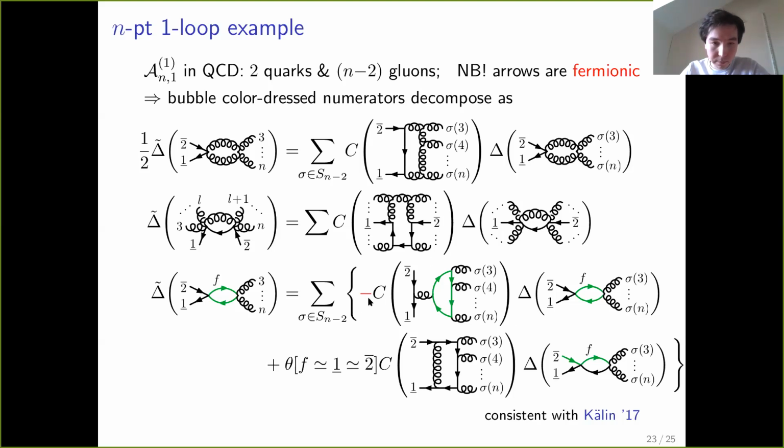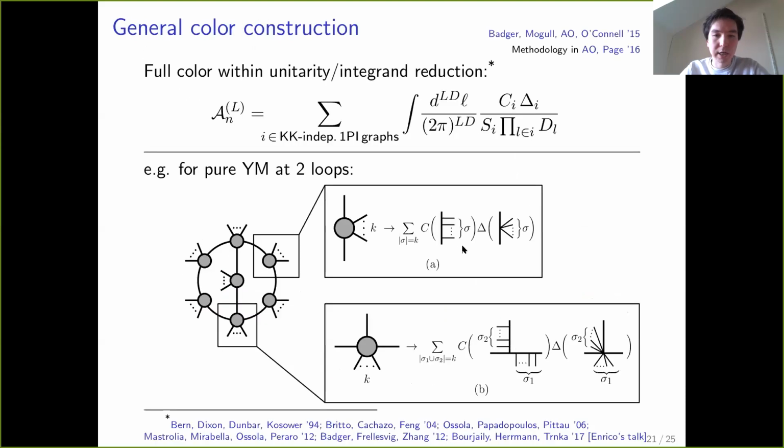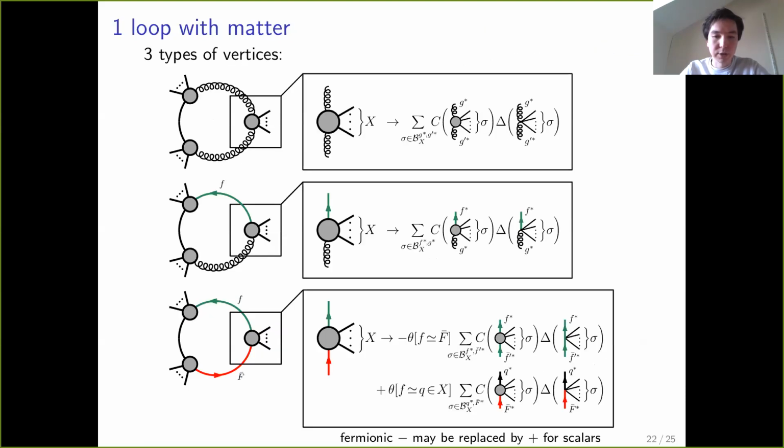The funny sign here is the fermionic sign that takes care of this closed fermionic loop. Of course, for scalars it wouldn't be there, but for quarks, imagine that it's there.